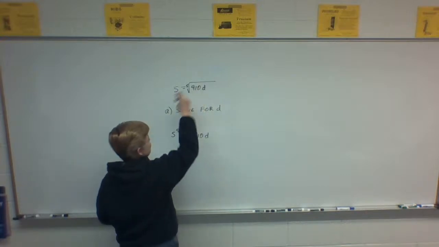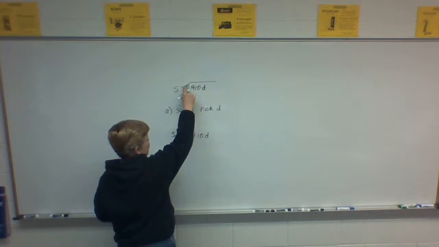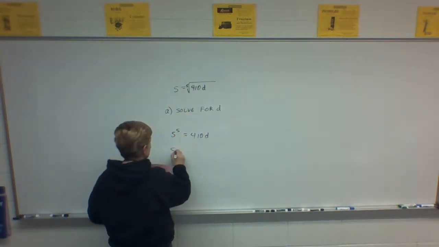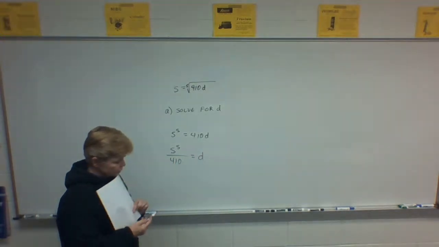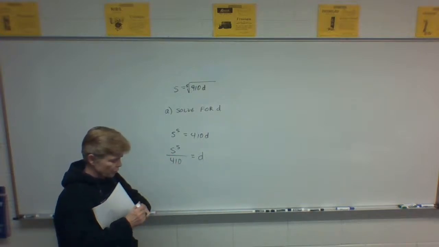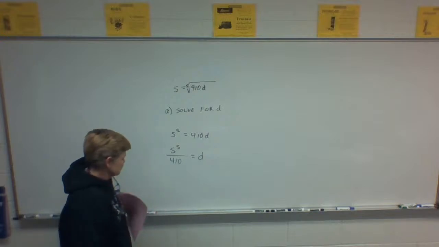So it doesn't matter whether the exponent is written exponentially or like this. To get rid of that 5th root, you've got to take a 5th power of both sides, yeah? So it would be S to the 5th over 410. I'm not going to tell you which one it is, but you should be able to handle both. And then you use that to plug in some S value to figure out the D that they want you to record. It's not hard.